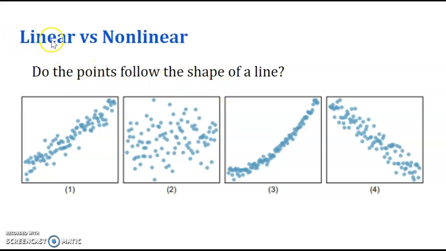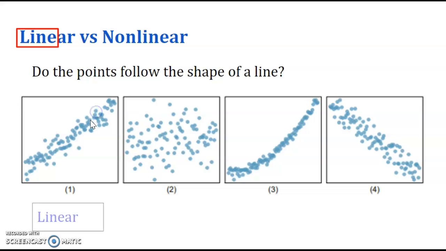When you hear about linear versus non-linear, I need you to start seeing that in the word linear, there is the word line right there. Linear comes from the word line, or they are derived from the same root word. So linear means a line. Okay, does it look like a line?